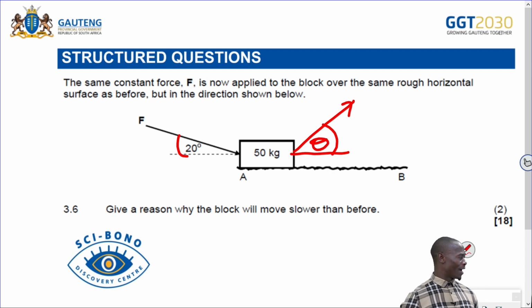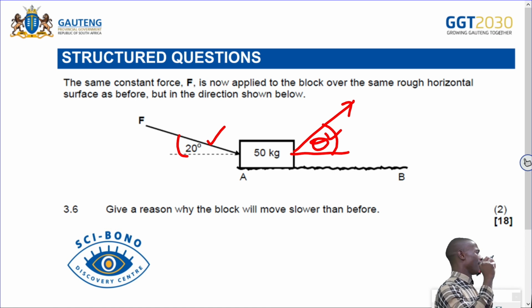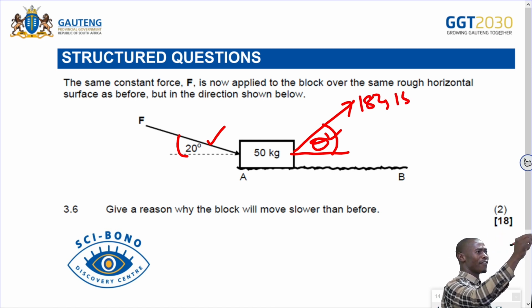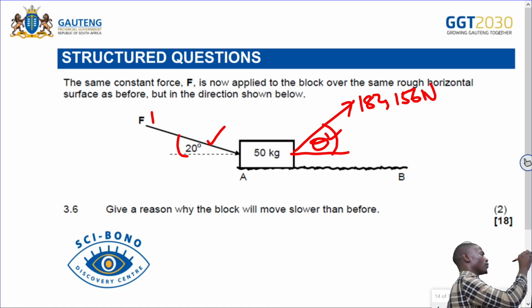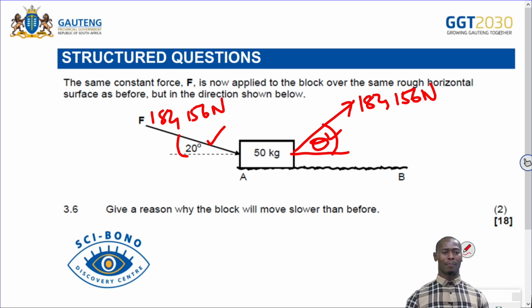One, the angle is still the same, it's 20, and the force is still the same, 182.156 newtons. Even here it is 182.156 newtons. All right? So they want us to give a reason why the block will move slower than before.